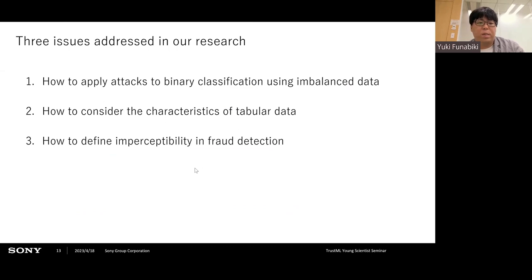The first is how to apply attacks to binary classification using imbalanced data. The second is how to consider the characteristics of tabular data. And the third is how to define imperceptibility in fraud detection. I will describe each in turn.